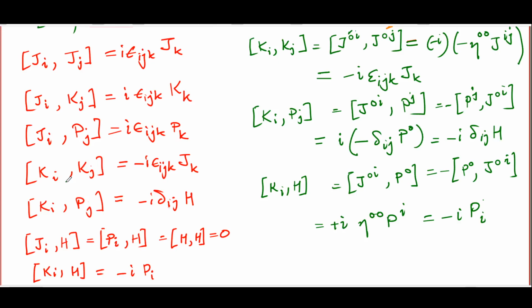Of course, you have to include the boost generators which are not familiar, at least not from non-relativistic quantum mechanics, but they also have reasonably simple commutation relations. Both ways of looking at these commutation relations for the Poincare algebra are fruitful, and you need to be able to talk in both languages, so to speak.